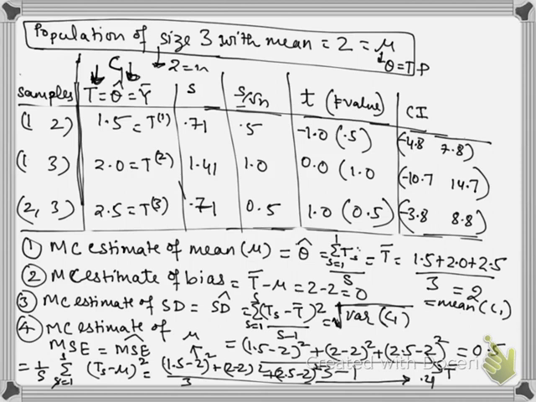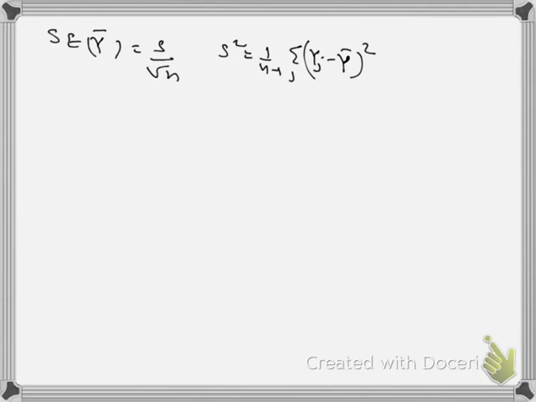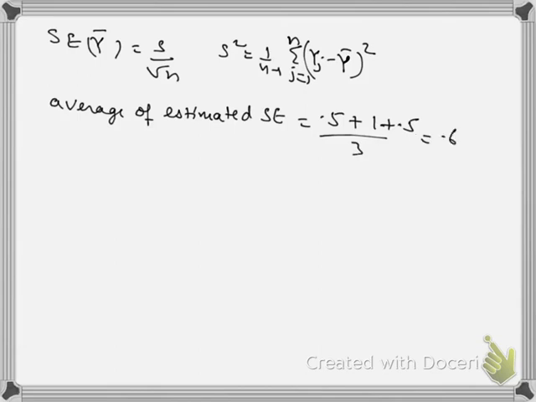Now we can check the performance of these estimates of uncertainty. The standard error of y bar is S over square root of n, where S square is 1 over n minus 1, sum of y_j minus y bar whole square, j equal to 1 to n. We already calculated that. The average of the estimated standard error would be 0.5 plus 1 plus 0.5 divided by 3, which is 0.67.